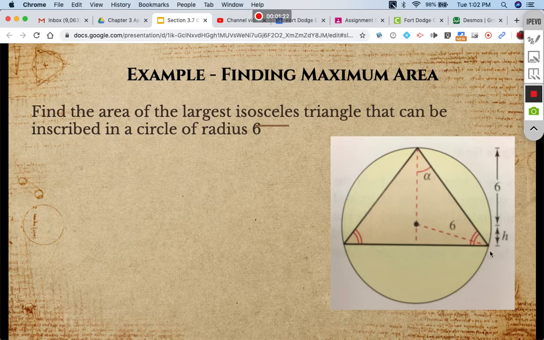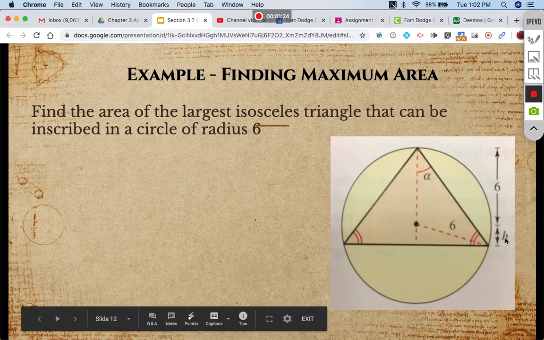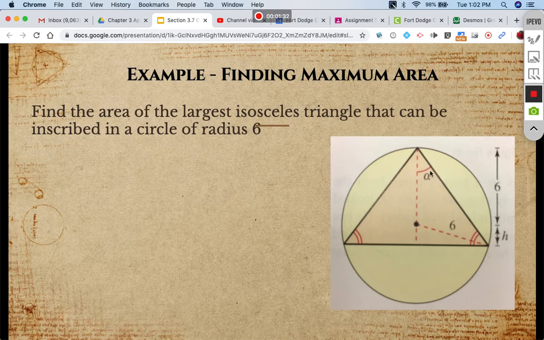You can either solve this by looking at h, the height, or by looking at this angle alpha. I'm going to work it using h, but I would recommend you try it the other way as well. Pause the video, give it a try, and come back and we will solve it using h as our variable of interest.